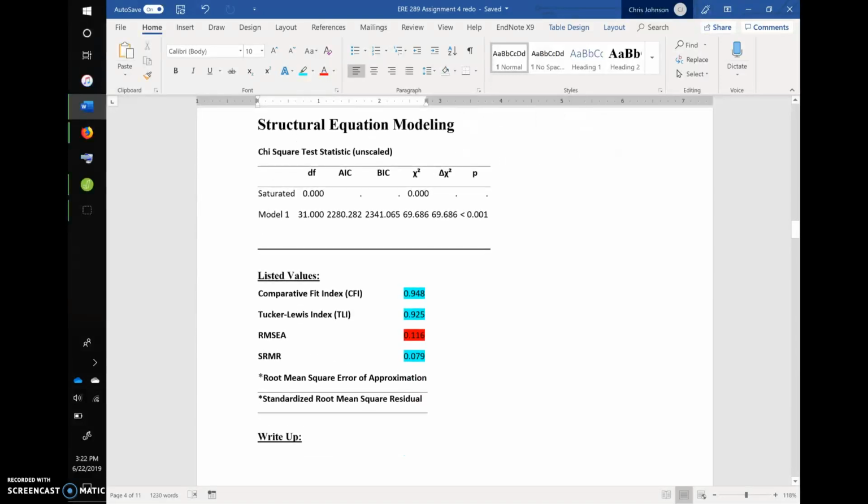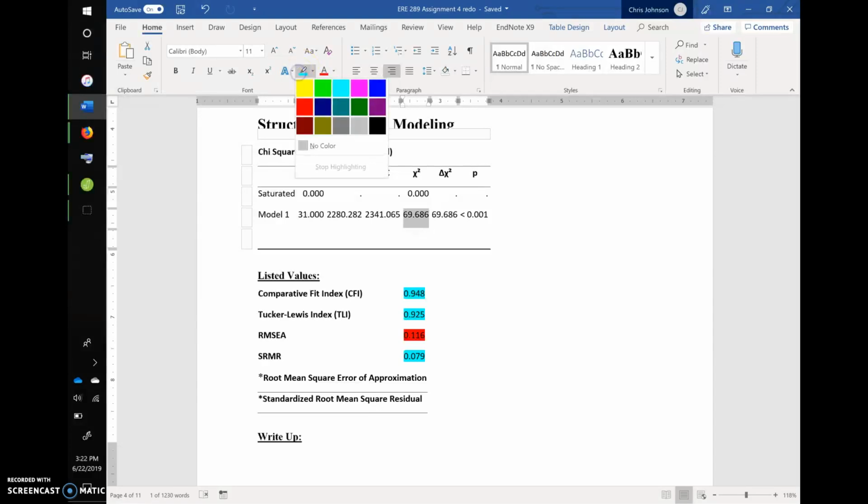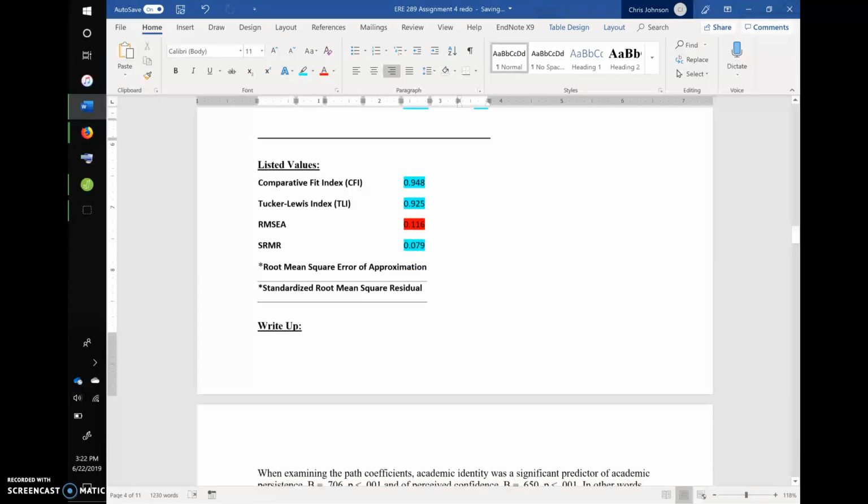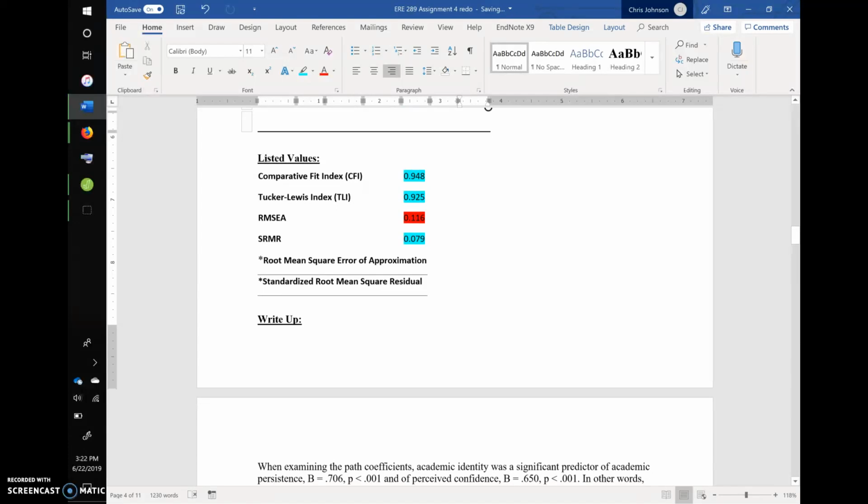And we found that the chi-squared, let me highlight this, 69.686 was at a p-value of significance 0.01001, and that our comparative fit index was again above that 0.90 level at 0.948, and our Tucker-Lewis index was also above at 0.925.